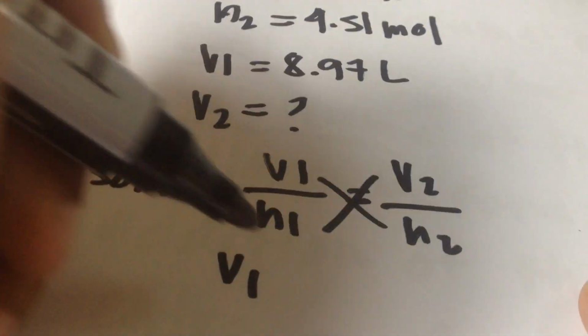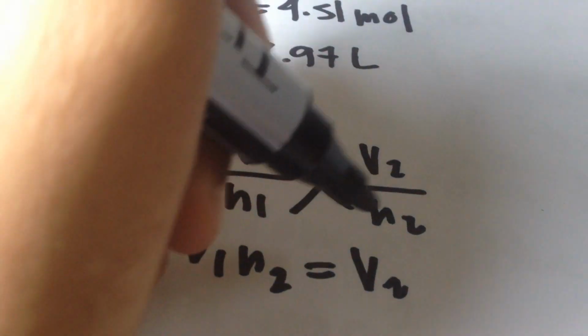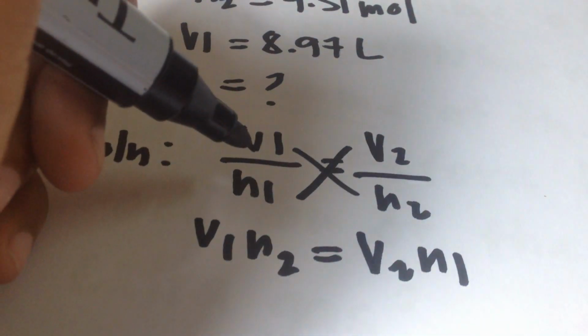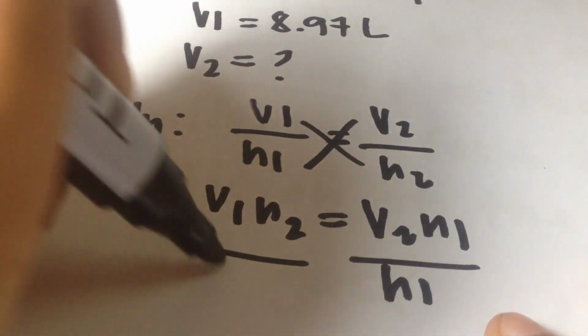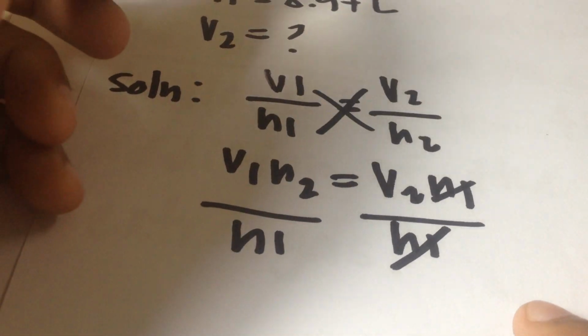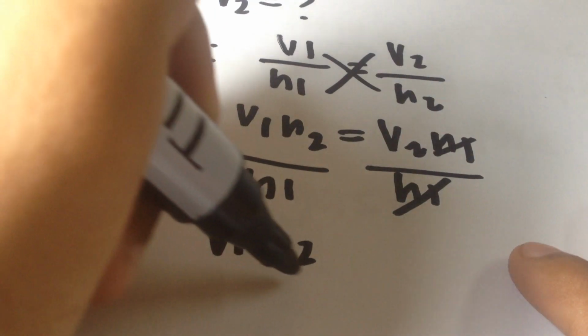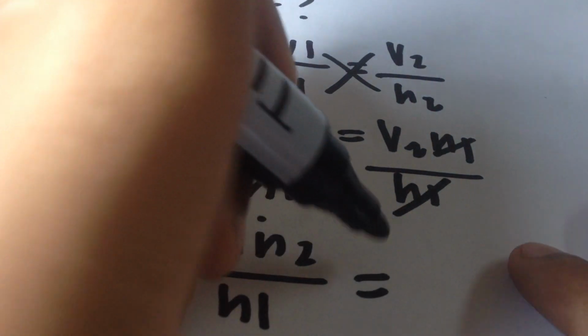So V1 times N2 equals V2 times N1. So you need to divide both sides by N1, so it cancels out. So V1 times N2 divided by N1 is equal to volume 2.